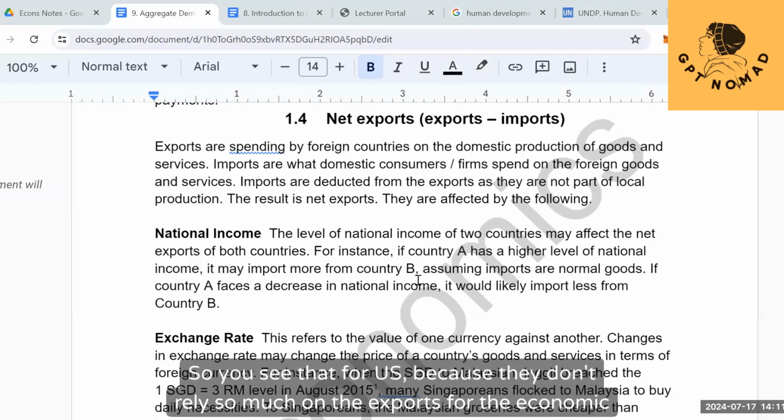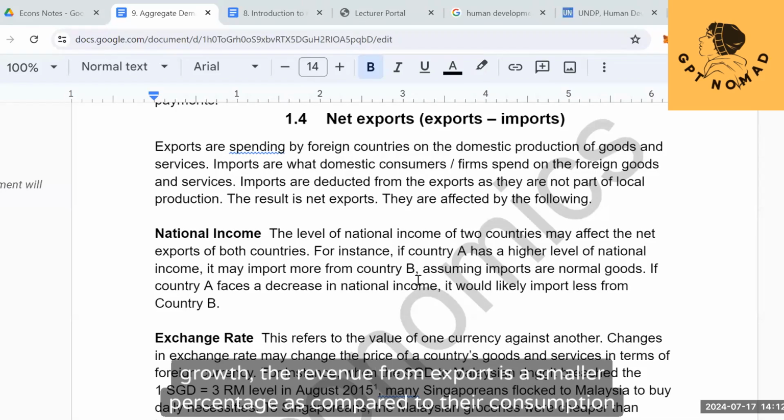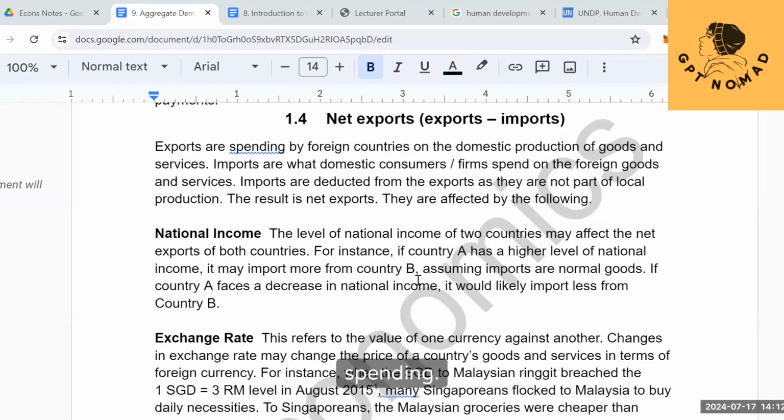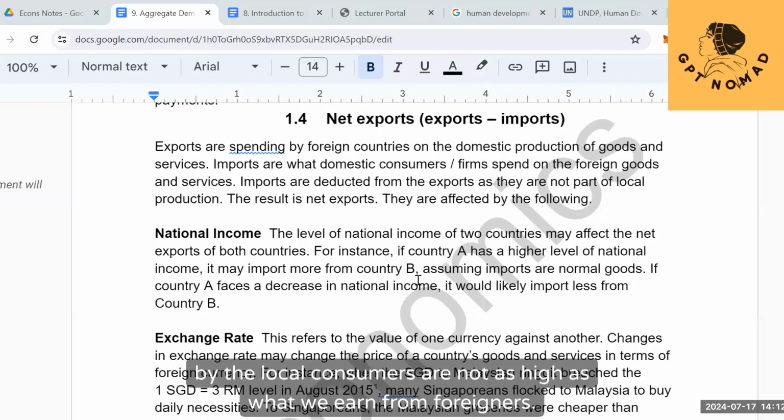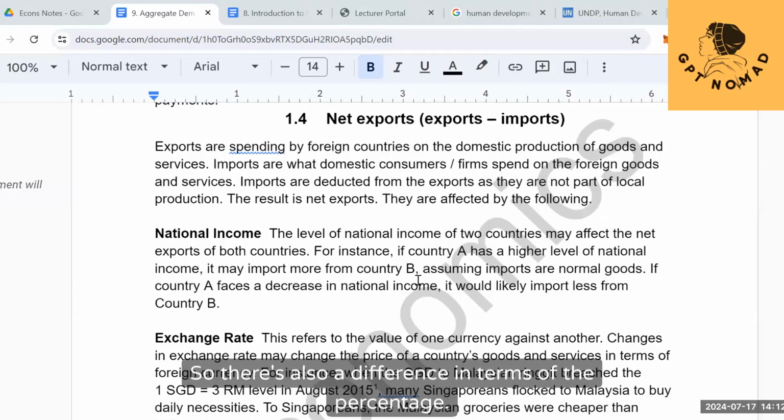The revenue from exports is a smaller percentage as compared to their consumption spending. Whereas in Singapore's case, our consumption spending by the local consumers is not as high as what we earn from foreigners. So there's also a difference in terms of the percentage.